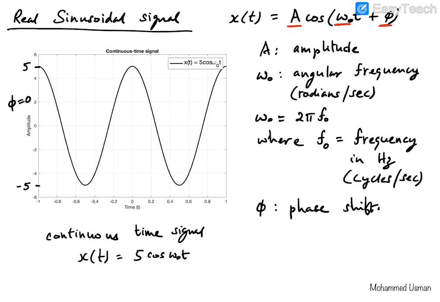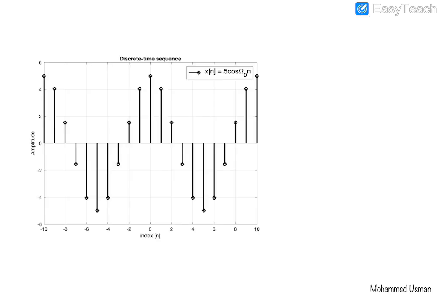Now let us have a look at the discrete version of the sinusoidal signal and see how we can represent that mathematically as well. The discrete version of the sinusoidal signal is shown here in this figure.